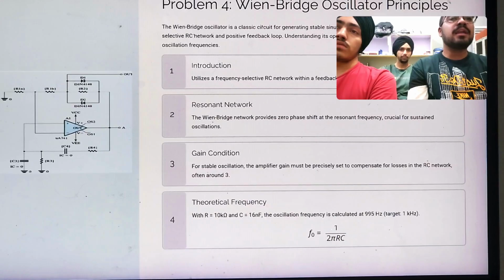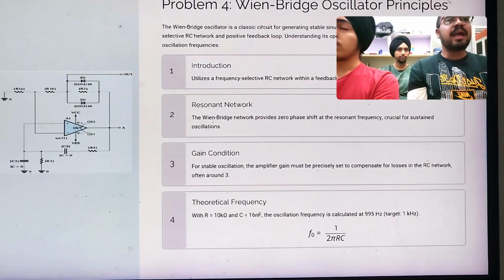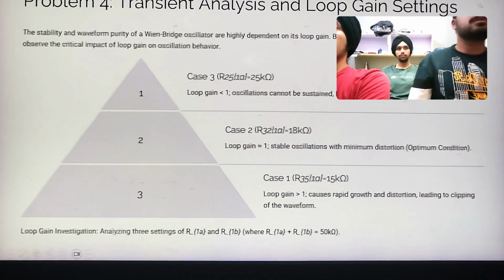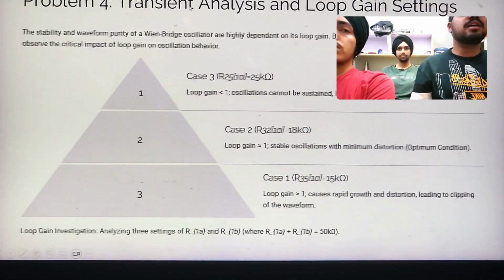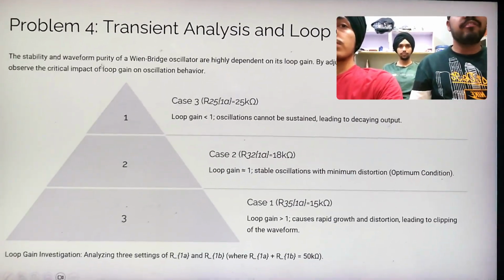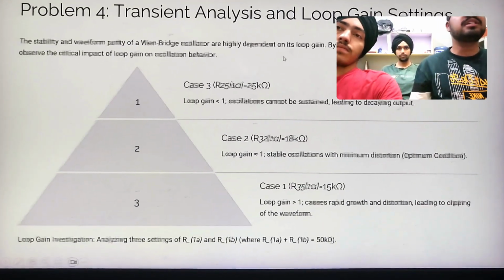In the gain condition, for stabilizing the oscillations, the amplifier gain must be precisely set to compensate. In the transient analysis and loop gain settings, the stability and waveform purity of a Wien bridge oscillator are highly dependent on its loop gain.